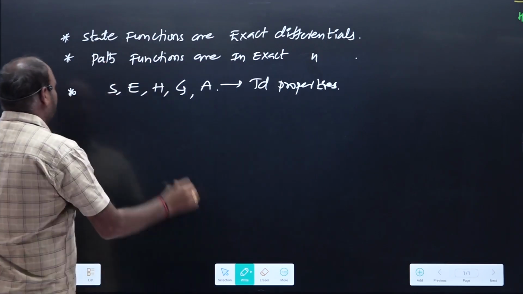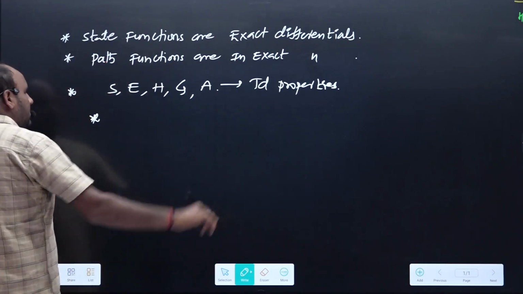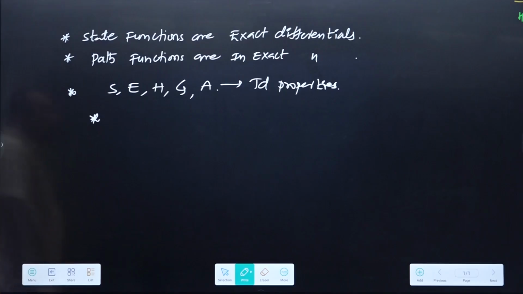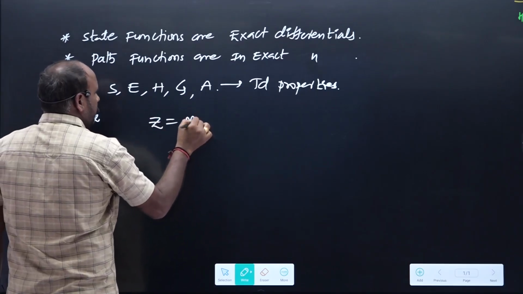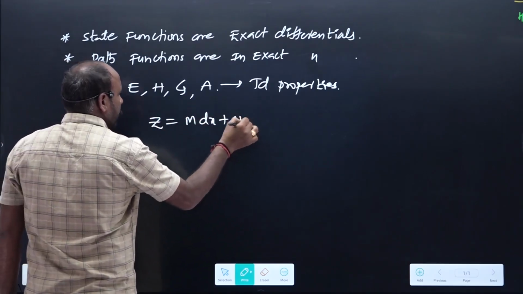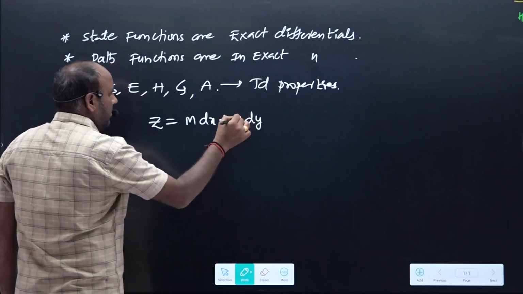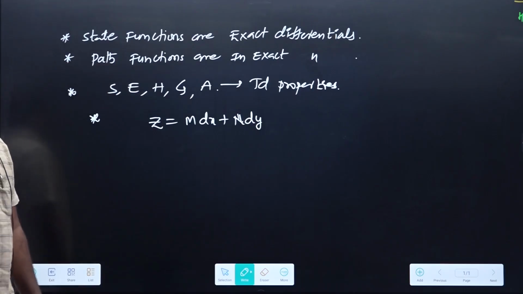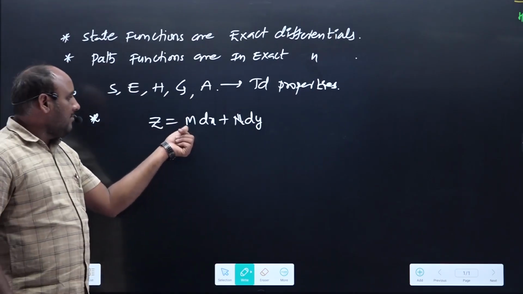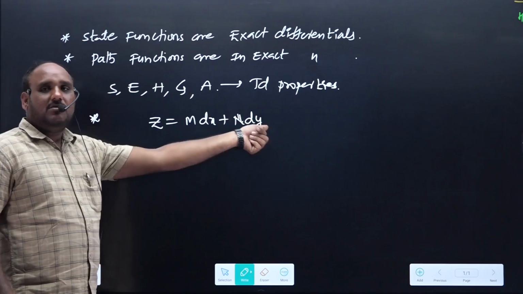So let us go with simple equations, that is Euler's formula. What is meant by exact differentials we have to see, right? So if the function z equals M dx plus N dy, a function in the form of M dx plus N dy, that is some term times dx plus some term times dy.